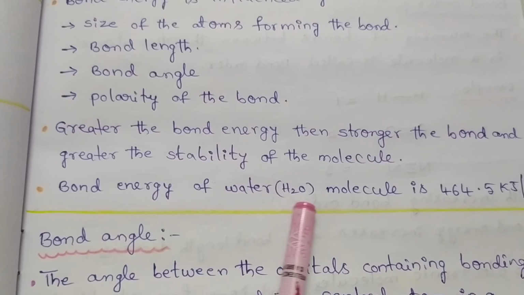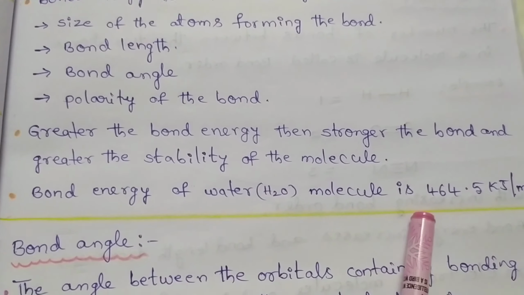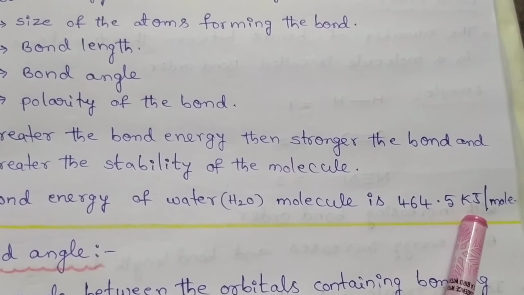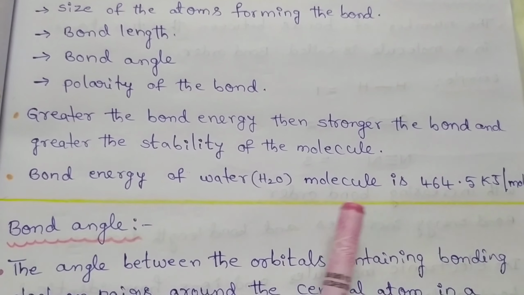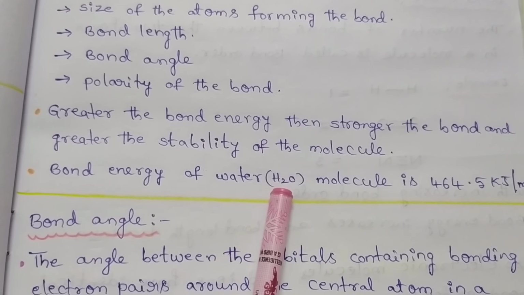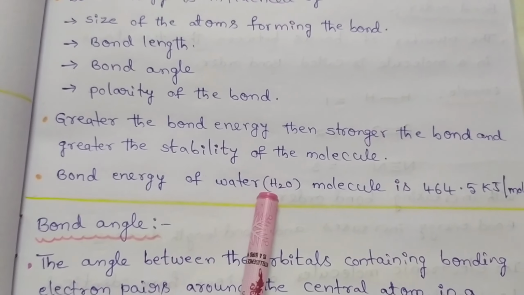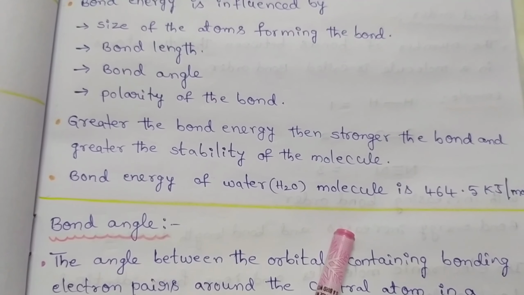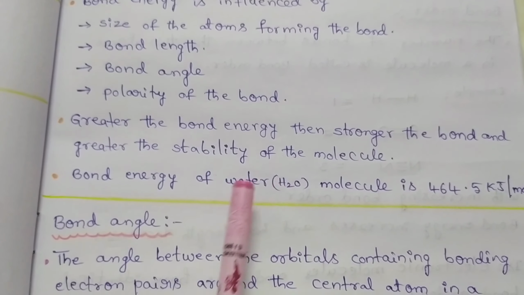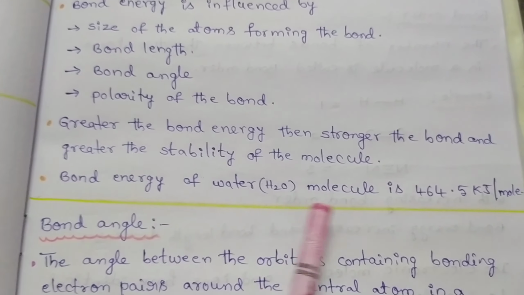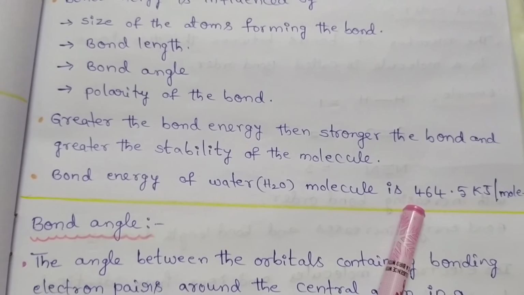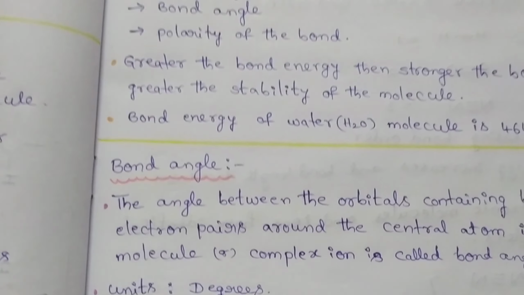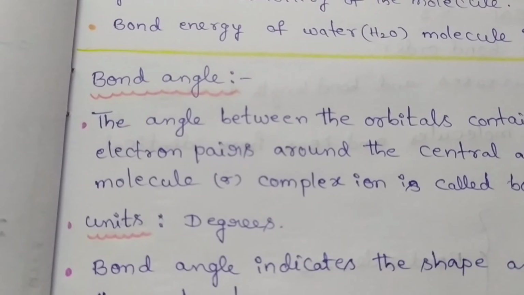Bond energy of water molecule is equal to 464.5 kilojoule per mole. That means we have to break the bonds in a water molecule, which contains two covalent bonds. In order to break these two bonds, we require 464.5 kilojoules of energy.